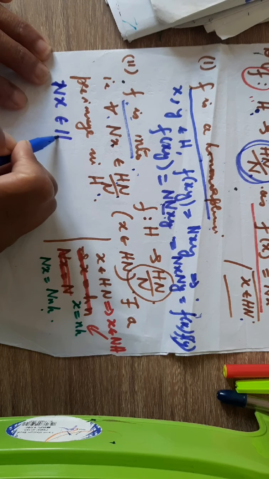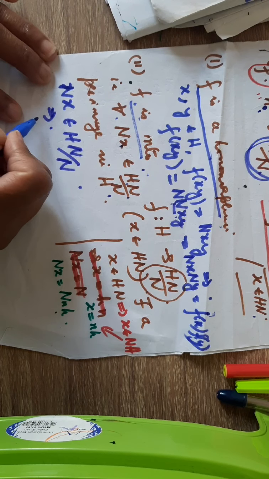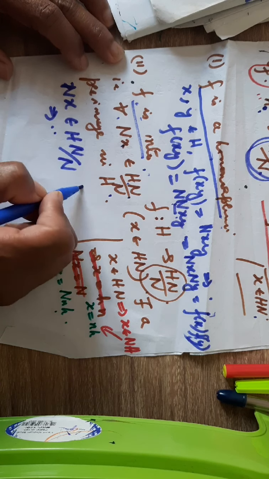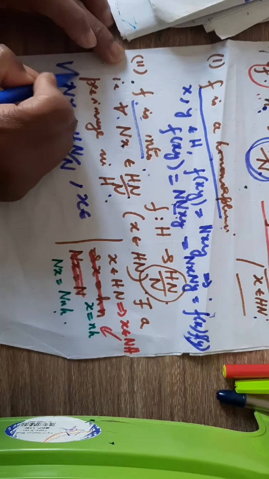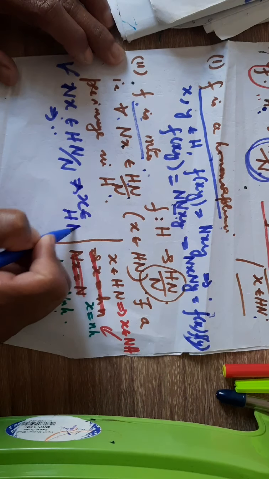Nx belonging to HN/N implies that x belongs to HN.